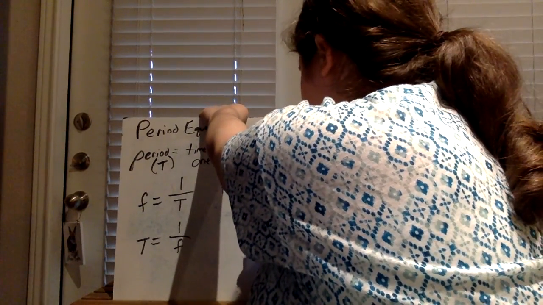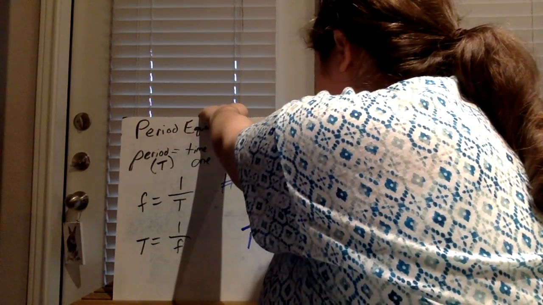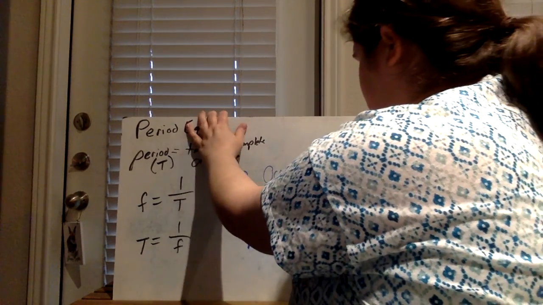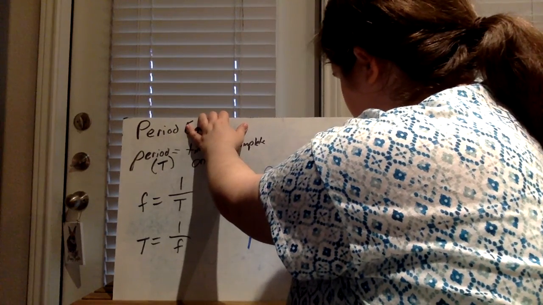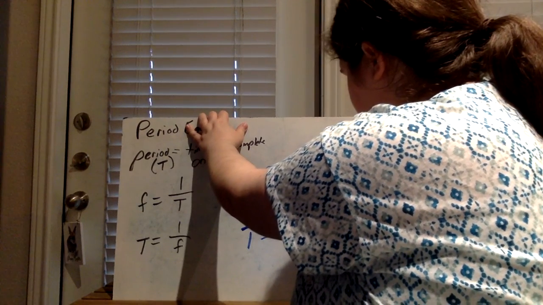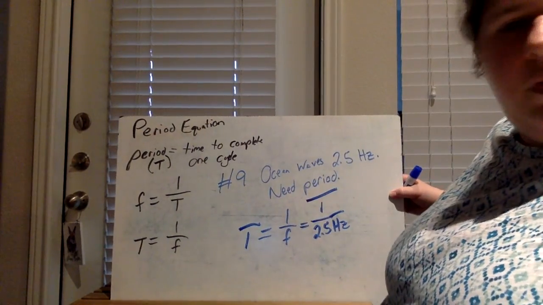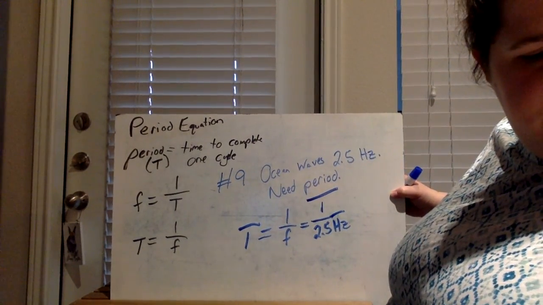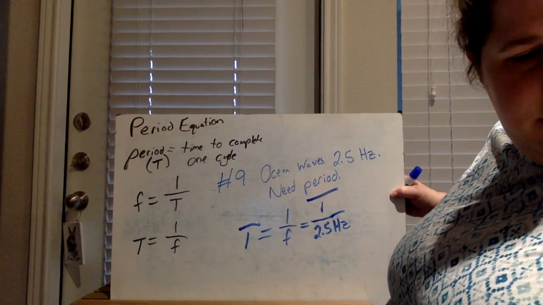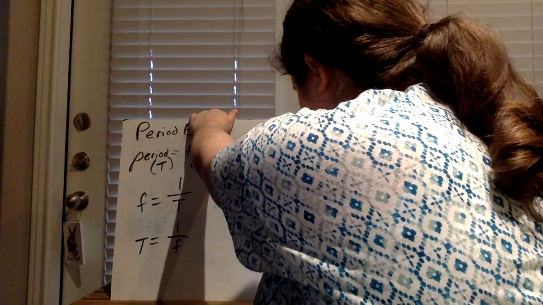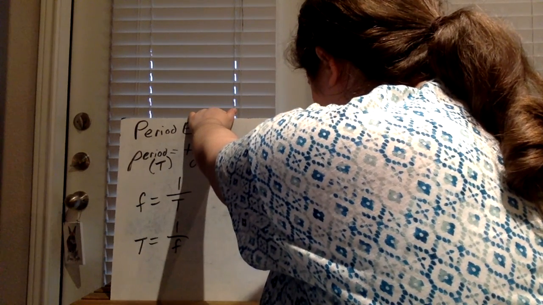T is 1 over frequency, which is 1 over 2.5 hertz. 1 divided by 2.5 hertz is 0.4. So my period is 0.4.